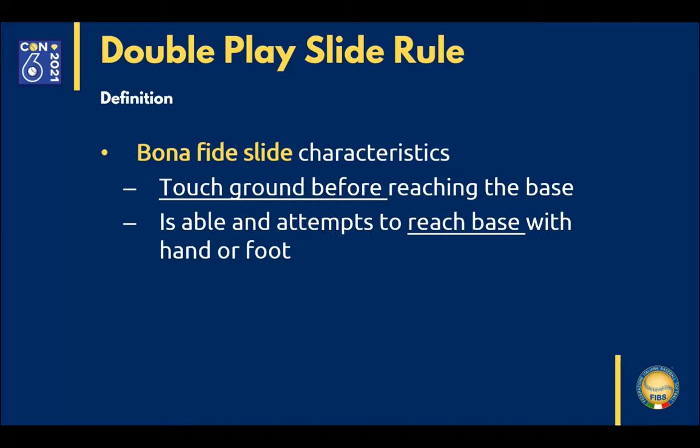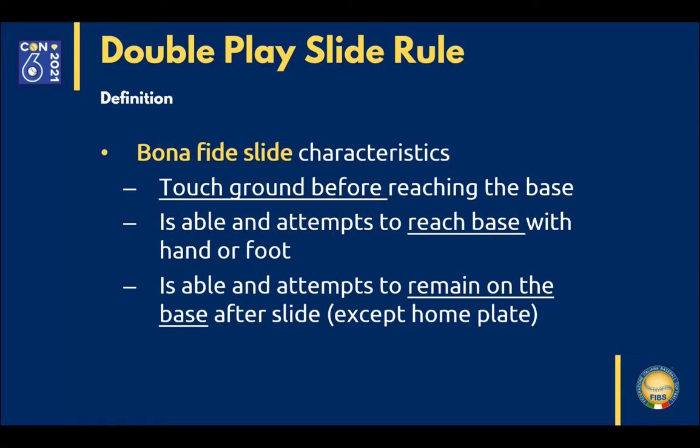Second, the runner is able and attempts to reach the base with his hand or foot. That leads to the assumption that the runner must slide within the vicinity of the base, not too far away, so he cannot touch the base with a stretched out arm or foot. He must be able and attempting to reach the base with his hand or foot.